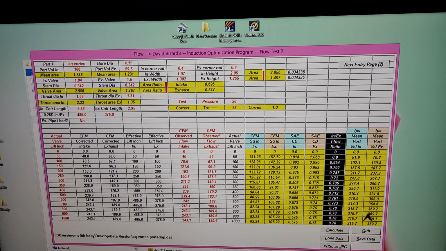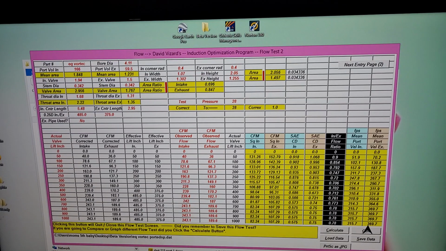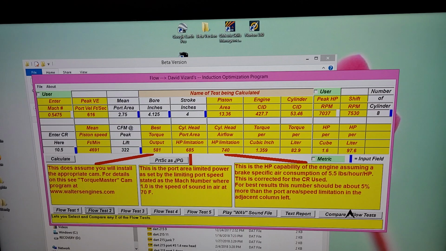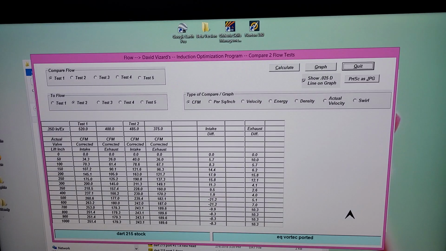Okay, let's exit that. So what we're going to do is, these are the flows from the last time I flowed the EQ. Now, all we have to do is tell the program, compare two flow tests. I already labeled them on the bottom, Dart 215.